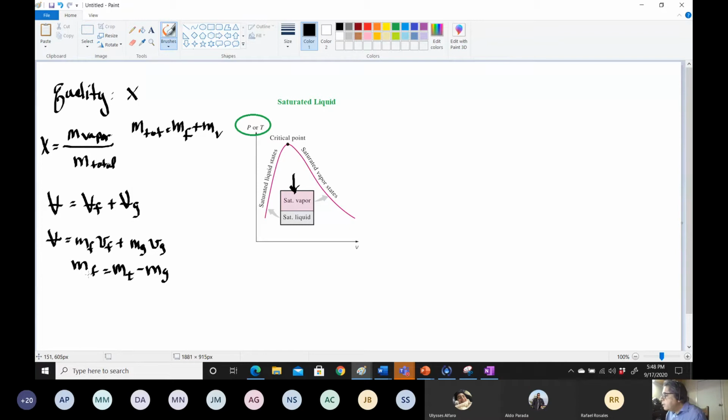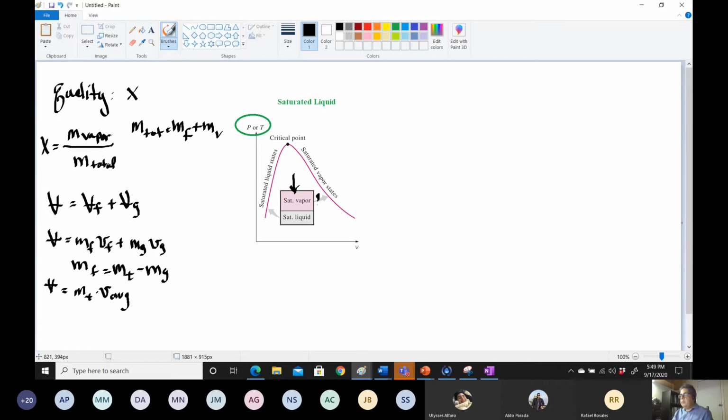Now, let's see. So the total volume, again, is equal to the total mass times the average specific volume. So that's basically the average in here. Inside here, yes, the vapor has its own specific volume, and the liquid has its own specific volume.